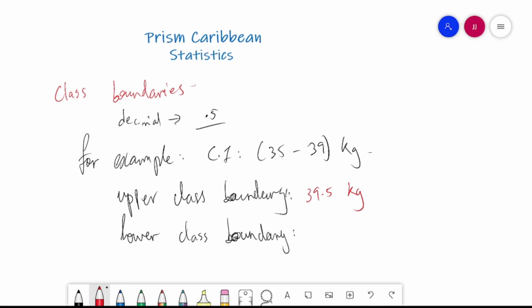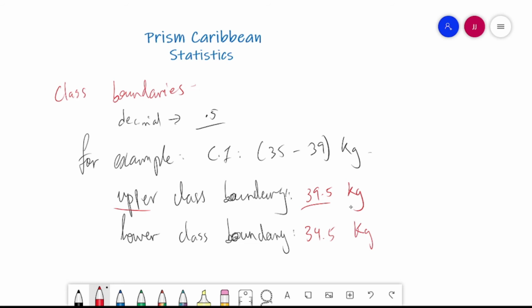For the lower class boundary, we take the lower limit minus 0.5, and for the upper class boundary, we take the upper limit plus 0.5. So for the lower class boundary, it will be 35 minus 0.5, which is 34.5 kilograms.